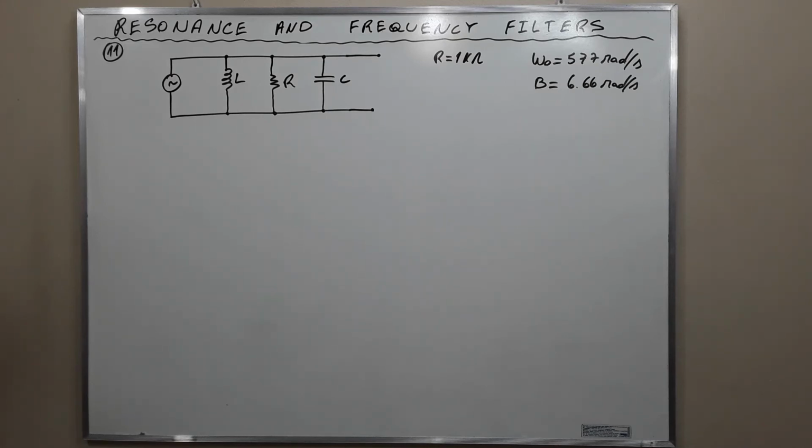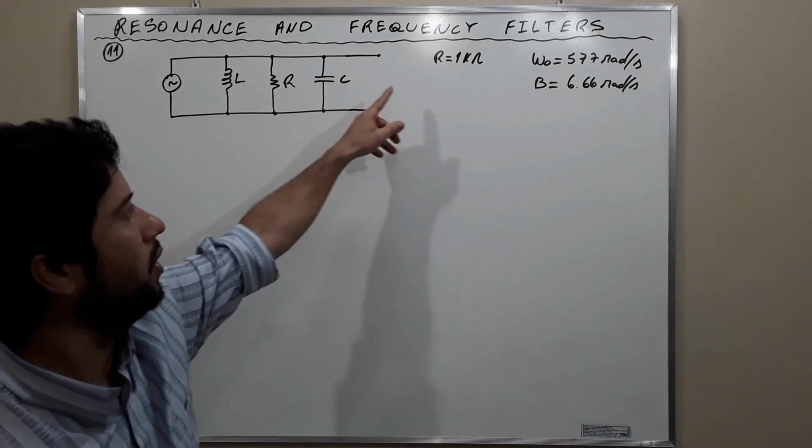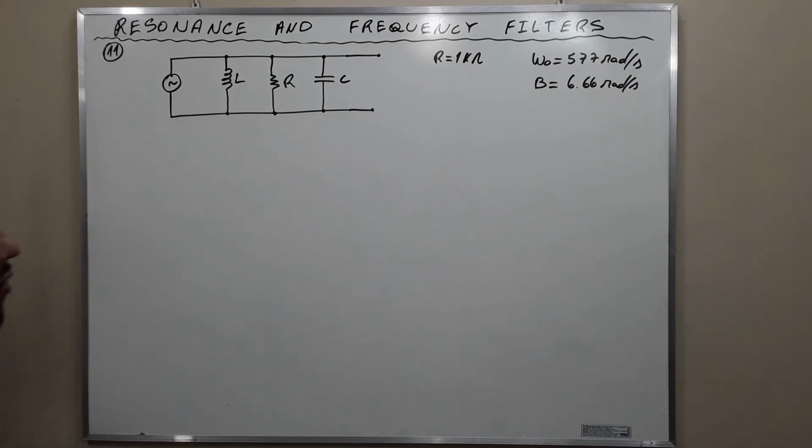Okay? We are required to calculate the value of the capacitance if the resistance is 1 kilo ohms, the resonant frequency is 577 radians per second, and the bandwidth is 6.66 radians per second. Okay?